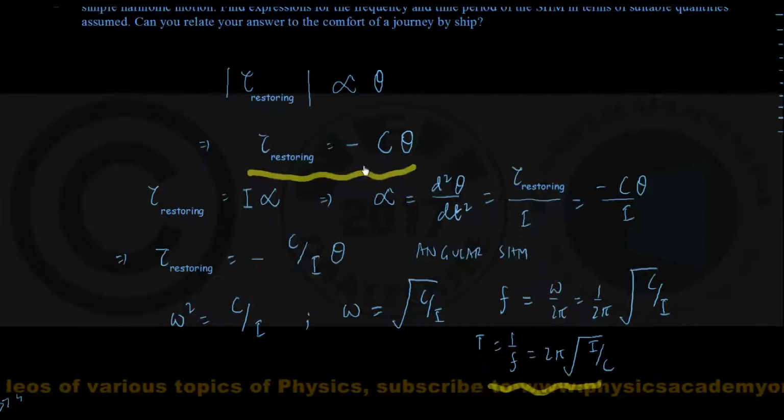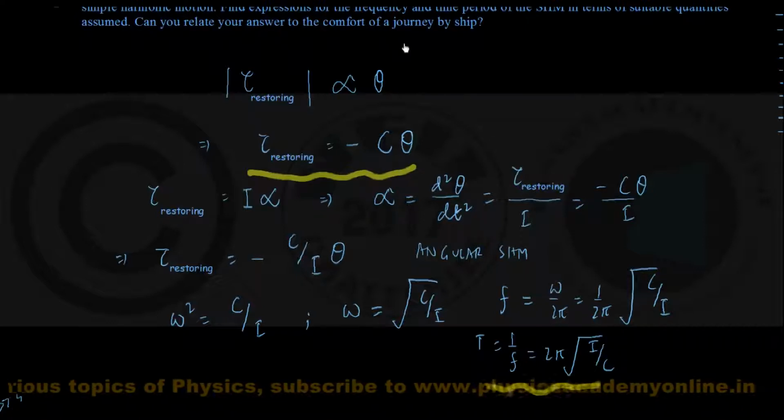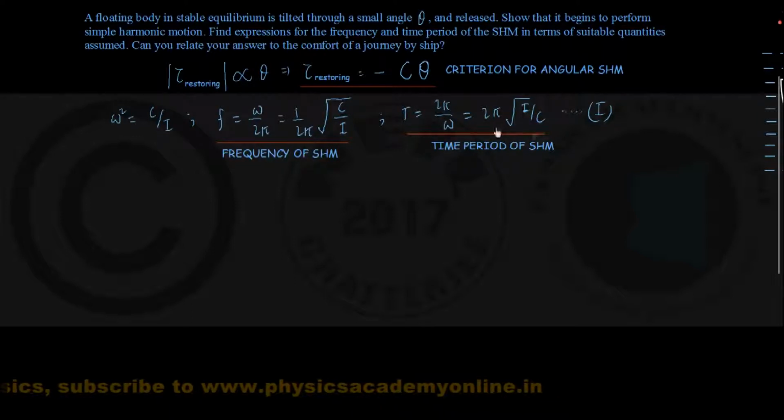With this insight into angular SHM, we are ready for the problem above on a floating body in equilibrium. So I put briefly on the screen our discussion so far and refer to the results of equation number 1 in uppercase Roman numeral, a bit of theory for you for quick reference in future discussion.